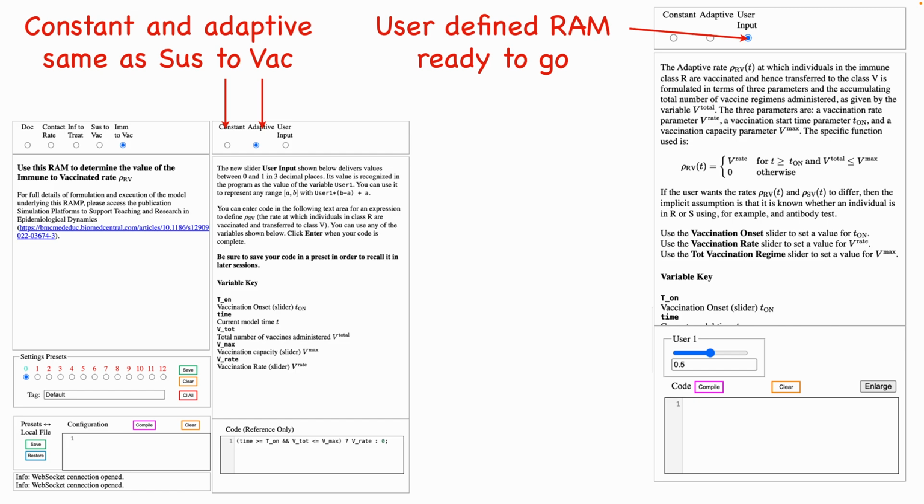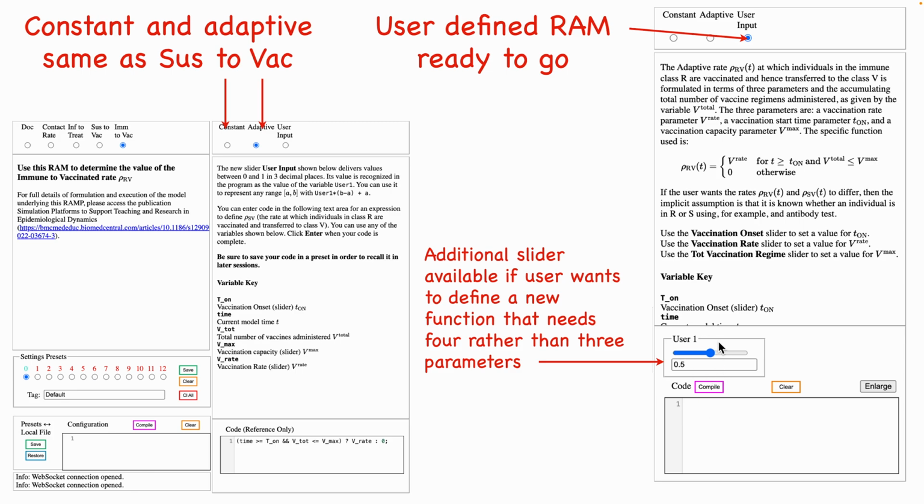However, this immune to vaccinated RAM has an additional user option, and there's going to be an additional slider associated with this option in case the user wants to have an expression for the immune to vaccinated rate that's different from the susceptible to vaccinated rate. That is, individuals known to be immune will not be vaccinated, and this can be put into an additional expression over here.